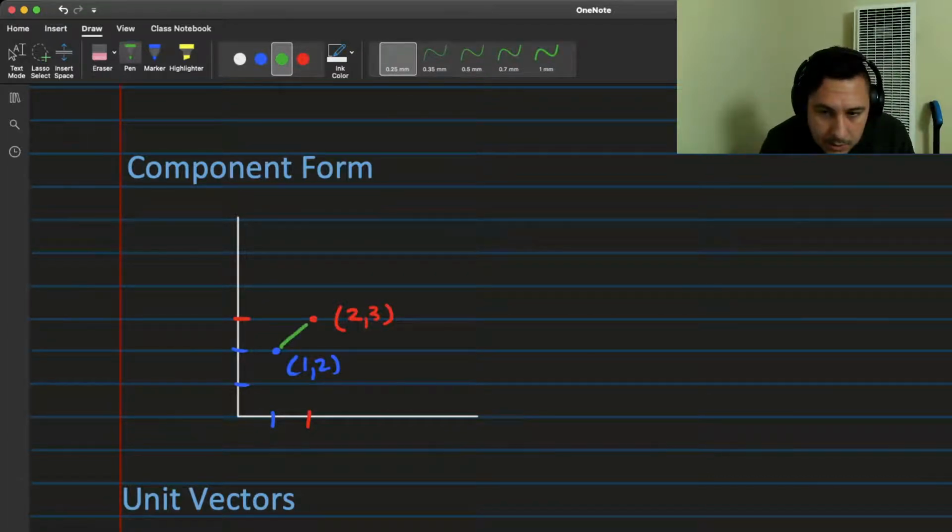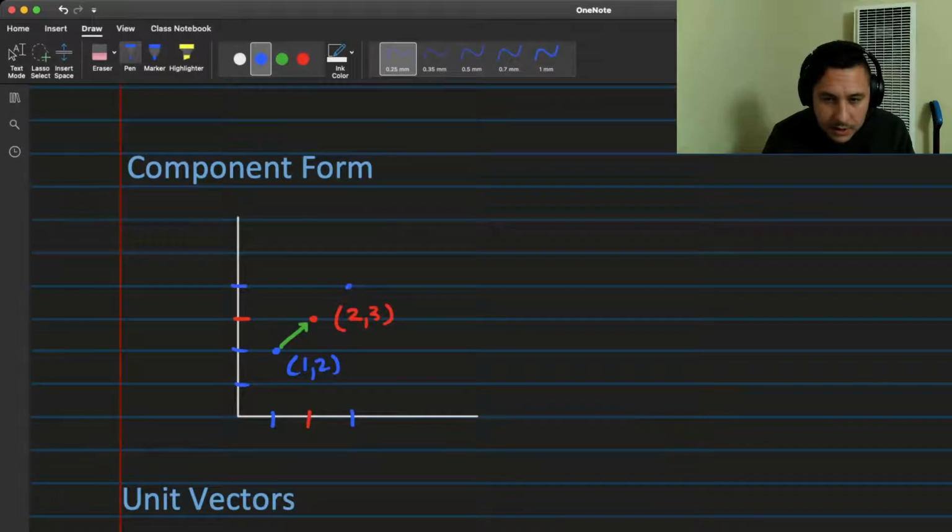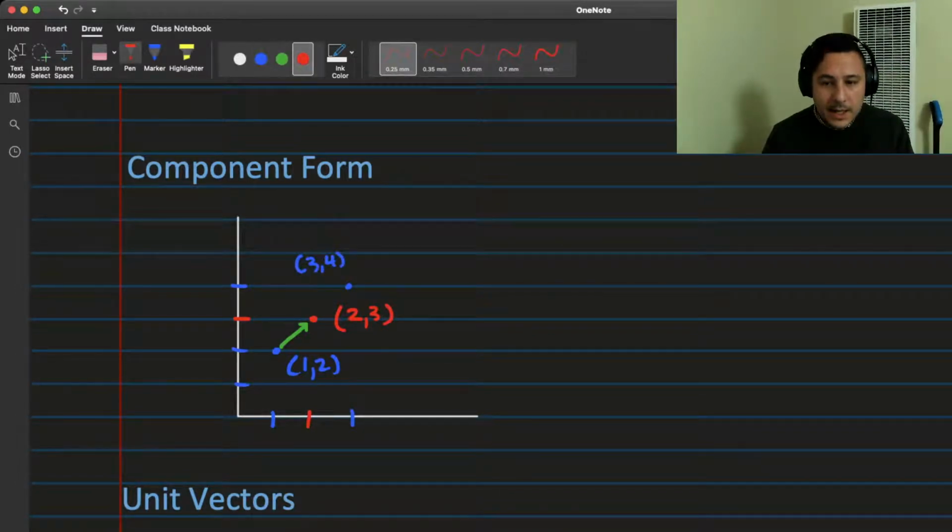Like so. And let's also look at the vector which starts at (3, 4) and ends at (4, 5).